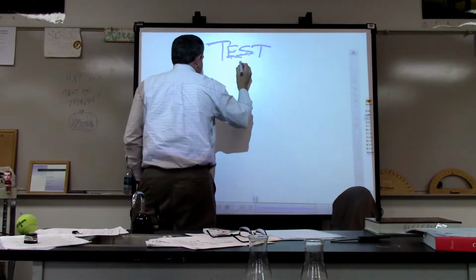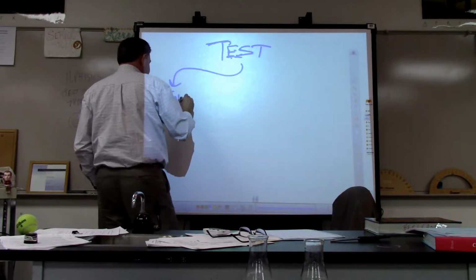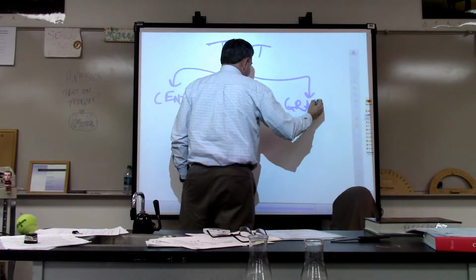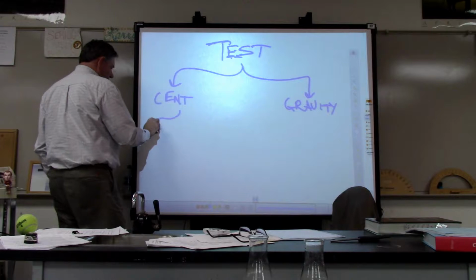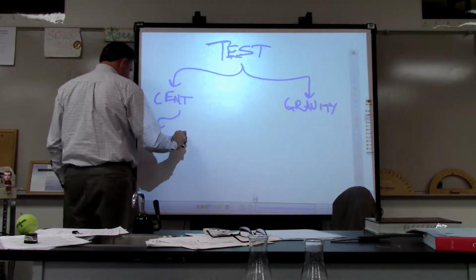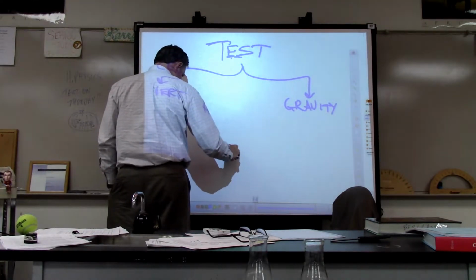You're going to have centripetal motion, and then you're going to have gravity. Okay? So within the centripetal motion, you're going to have vertical, and then you're going to have horizontal.